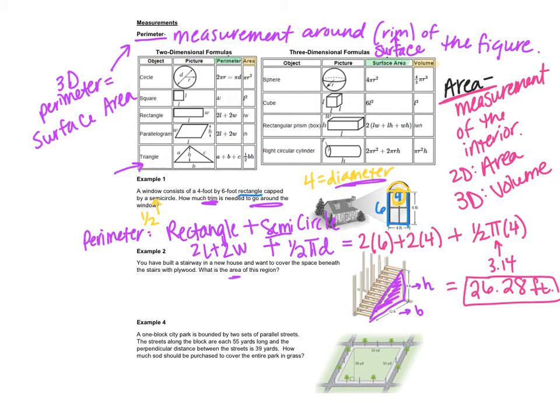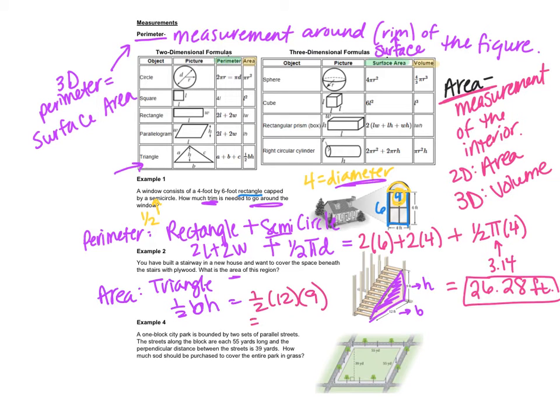So the area formula, area of a triangle, let me write it out for us, is going to be 1/2 base times height. So plugging into that, I would say 1/2 times 12 times 9.